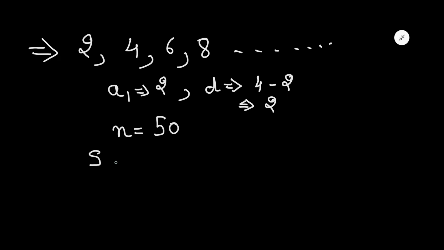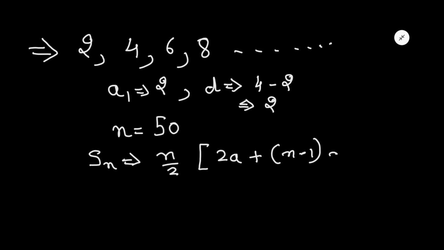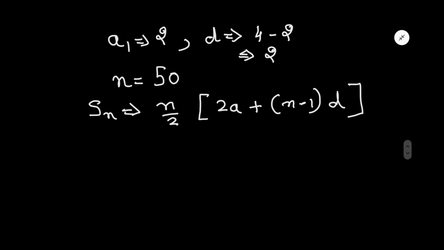So if we write the formula of the sum of n terms, it is n by 2 [2a plus (n minus 1) into d]. So here the value of n is 50.